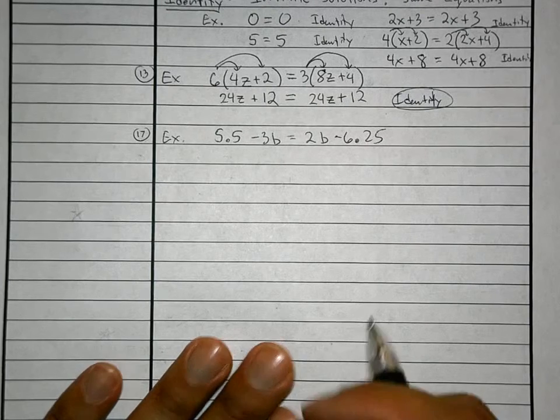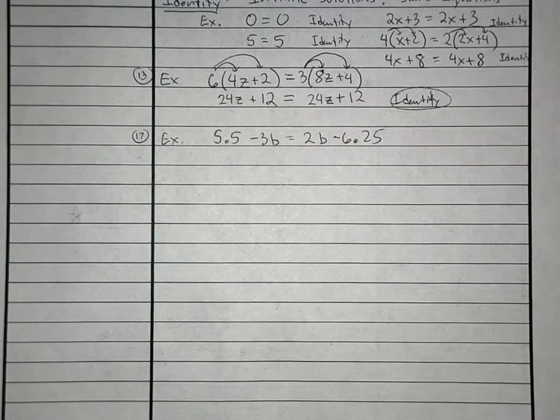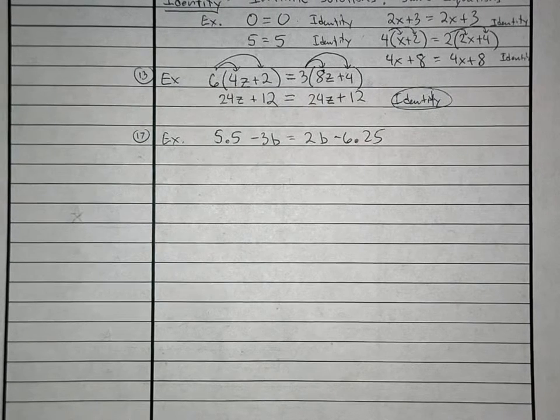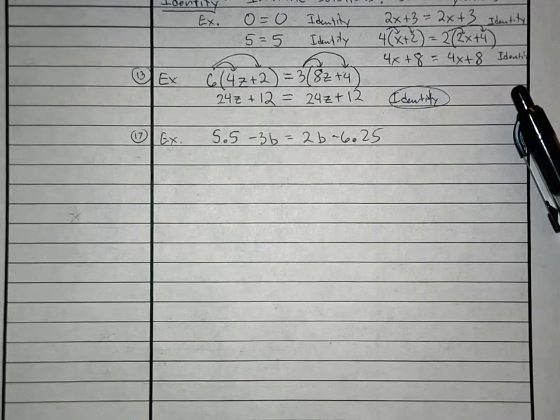Okay, so let's, I haven't called on Tyler yet today. Tyler, what's the first thing you would do in this problem? Or try to do? Combine like terms. Can you combine any like terms? No. Okay. So the second thing we try to do, Miss White.